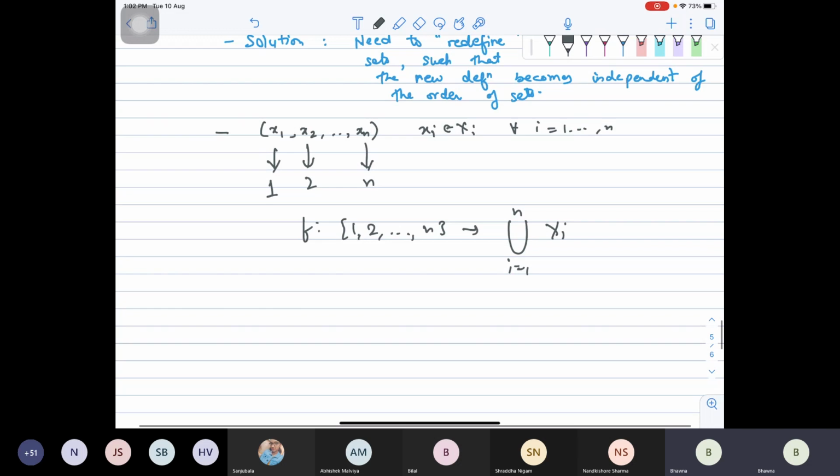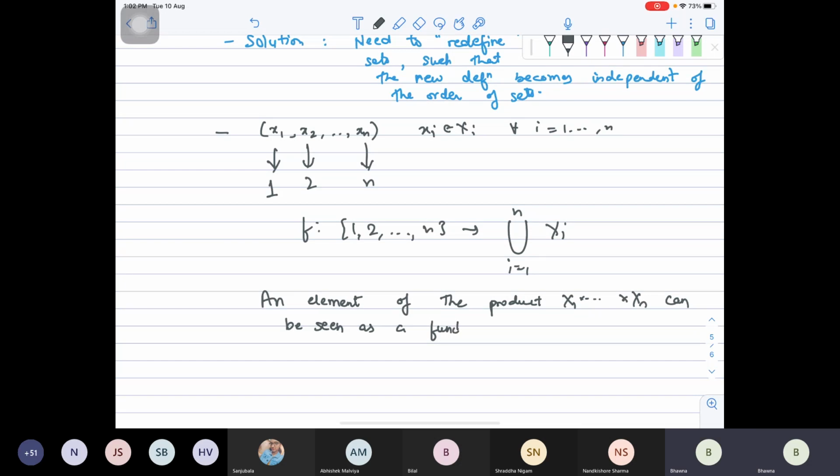I am saying that an element of the product x1 to xn can be seen as a function from 1 to n to union xi, i from 1 to n.